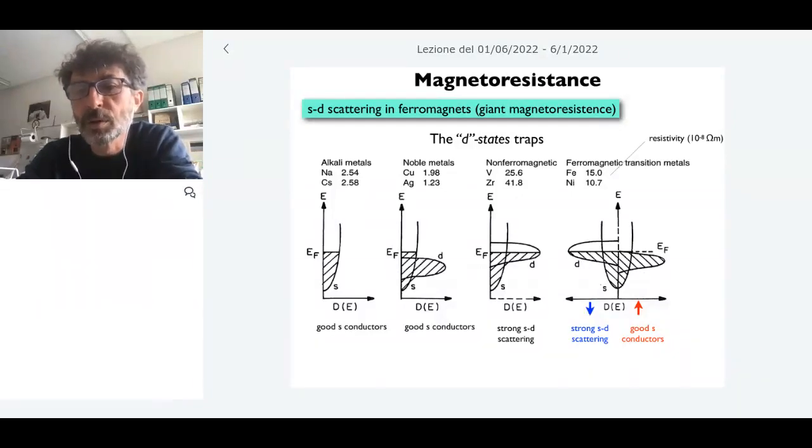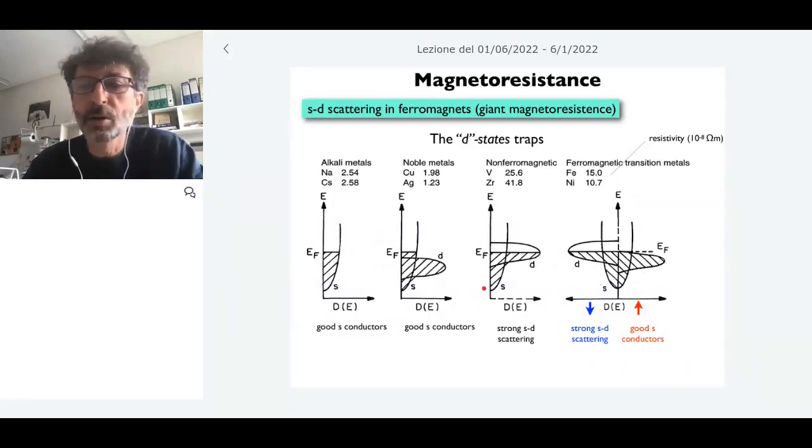If the density of states, which is what you find here, is very large, it means that the band is similar to an energy level. While if the band is wide in energy, like this, so the density is very small, it resembles very little an energy level. The electrons are completely spread.